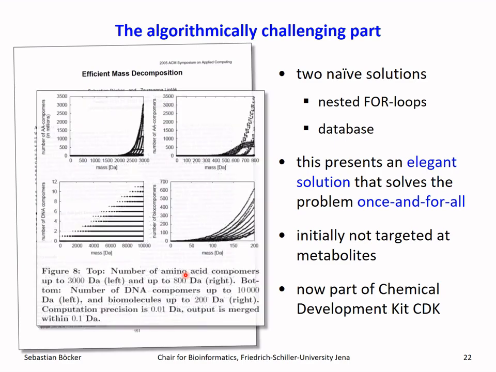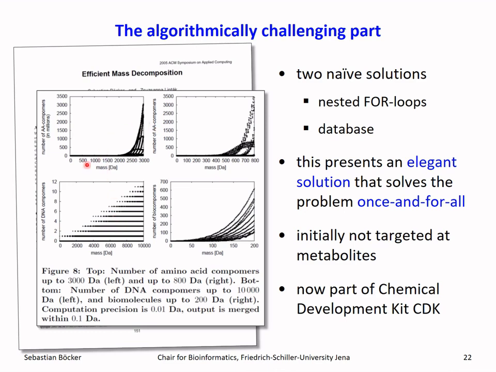In fact, initially the algorithm was not even targeted at metabolites. It was a little bit, we had a solution and we were in search of a problem. I come from the world of DNA mass spectrometry. There it's almost overkill because the nested for loops, 4 nested for loops do the trick for you and rather quickly, so it makes it a little bit faster, but not much.